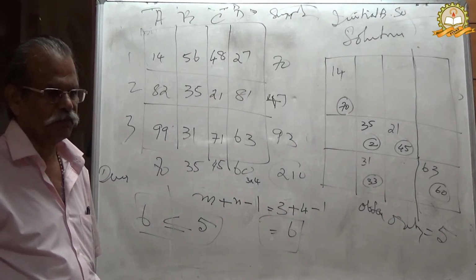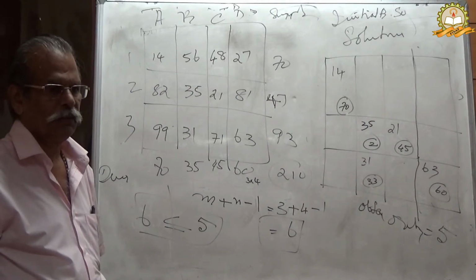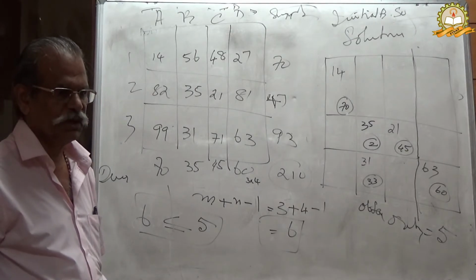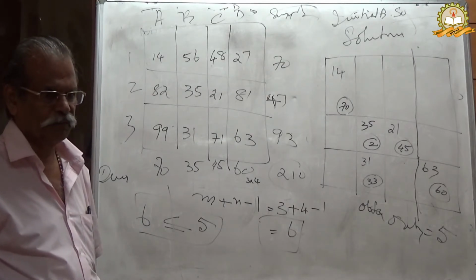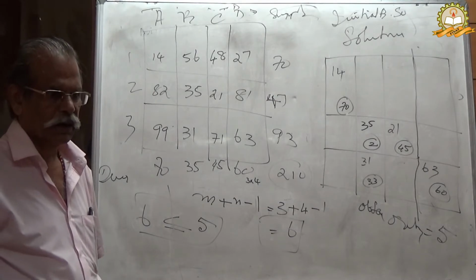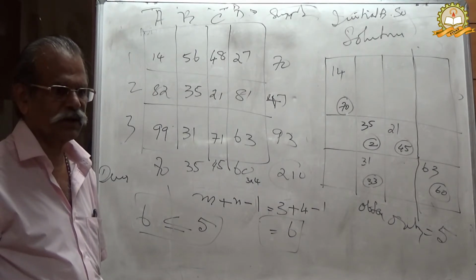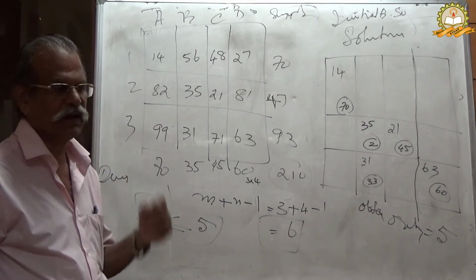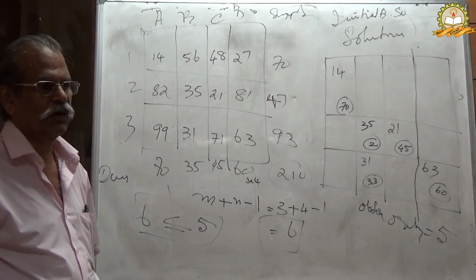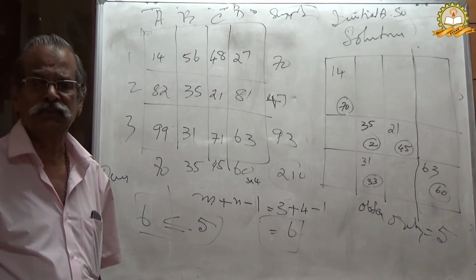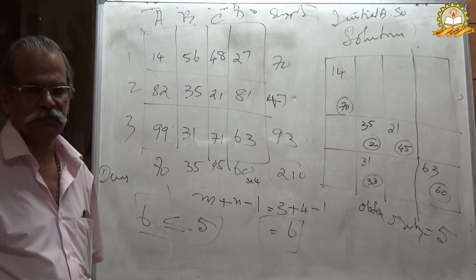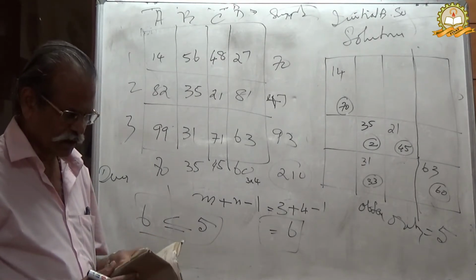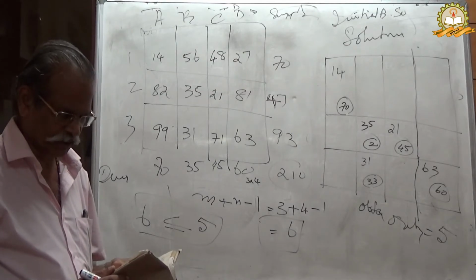We have the following procedure, namely, choose the minimum cell value where allocation is not effected. Use the lowest cell value where the allocation is not effected on the solution.